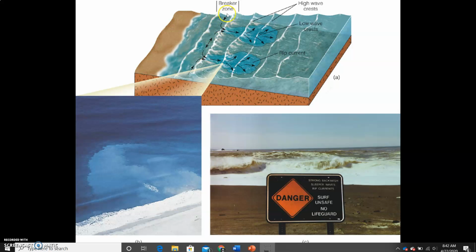Up here it's showing what happens as the wave approaches, it breaks, and then it's sucked back by gravity, and you've got this low bait or fan-shaped rip current that forms. If you're in this area within the rip current, it can pull you back.